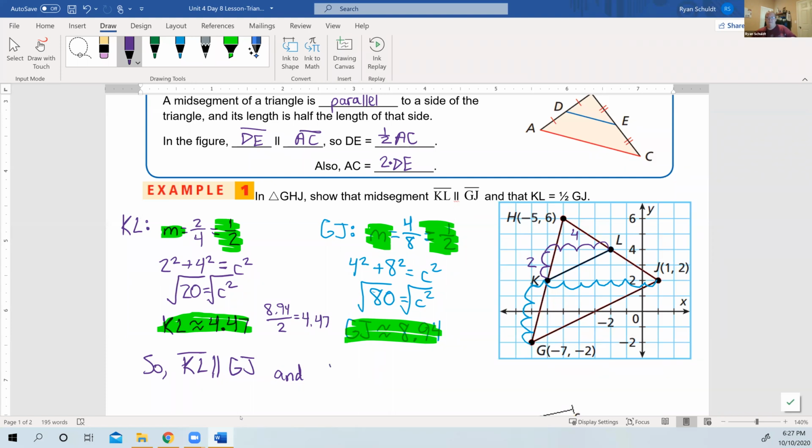Ooh, that means KL is 1/2 of GJ. We proved it. That's all we had to prove. So that wasn't too bad. It seemed like a lot at first, but it really wasn't that bad.